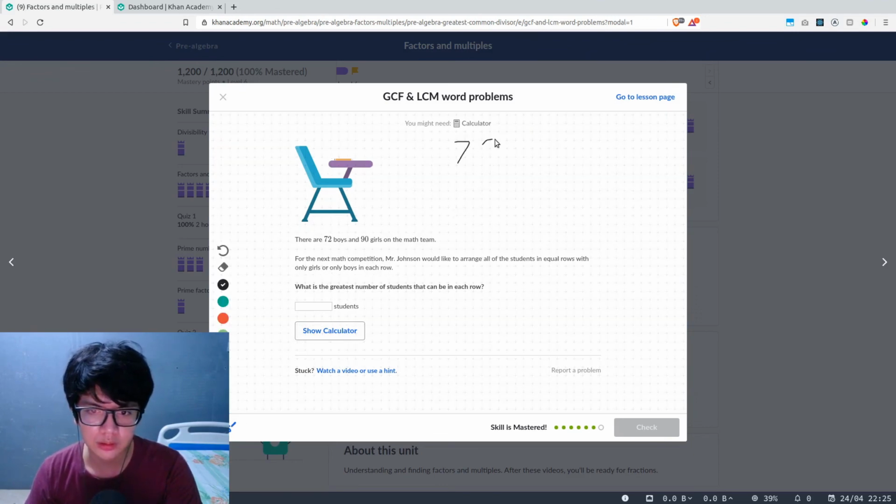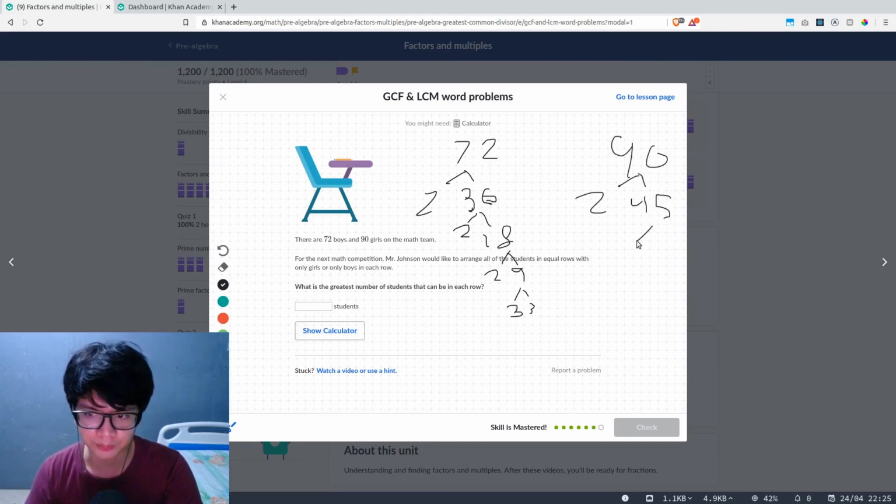Just looking for GCF. 72 is 2 times 36, and 36 is 2 times 18, and 18 is 2 times 9, and that's 3 times 3. Then 90 is 2 times 45, 3 times 15, and then 3 times 5. So they share both 3s and a 2, but no 5. So that's 18.